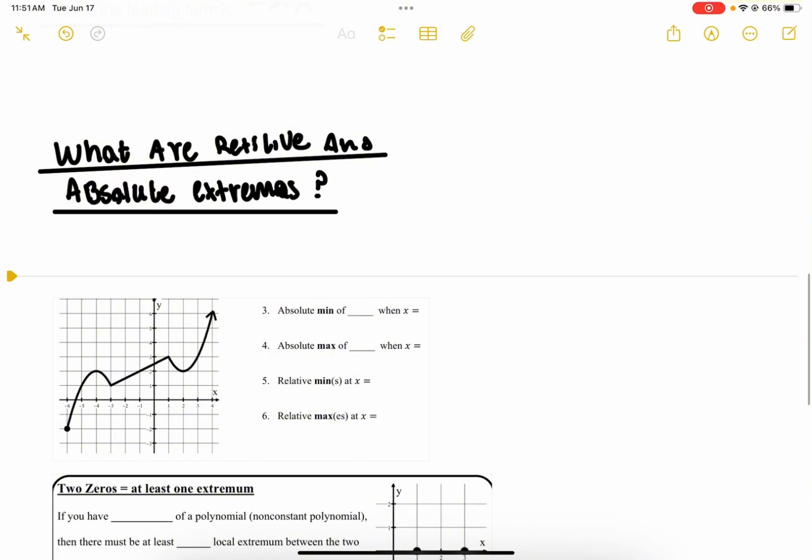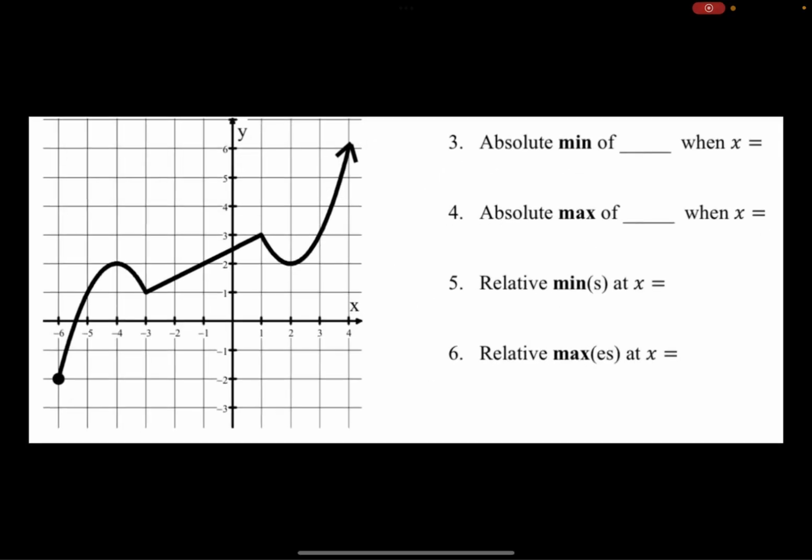Now, what are relative and absolute extremas? Let's zoom into this picture. A relative extrema is when the polynomial function switches from a maximum to a minimum, or from a minimum to a maximum.